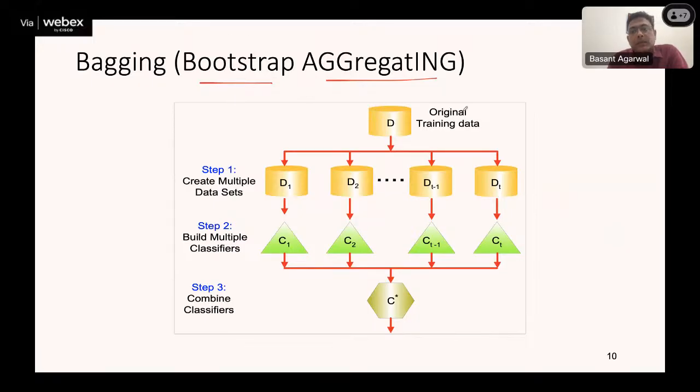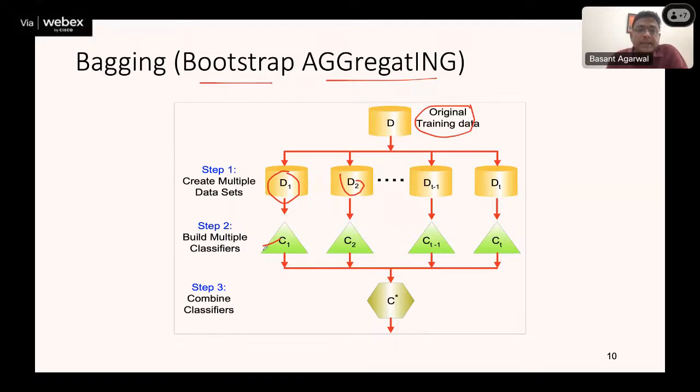It means that from the original training set, we make multiple data sets, D1, D2, and so on, in a way that when we use C1, C2, C3, and so on, they learn different kinds of training data. So somehow they are forced to learn complementary skills or characteristics of the training data. That is one way of manipulating the original training data.